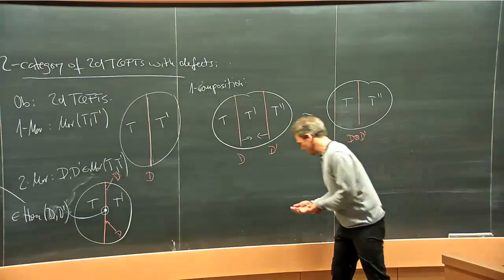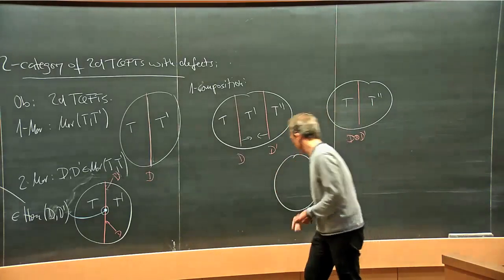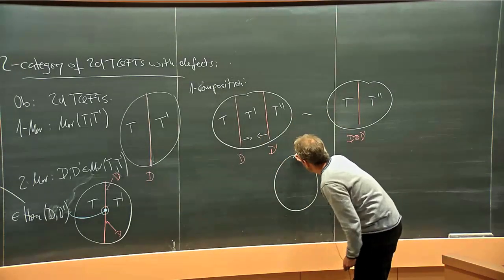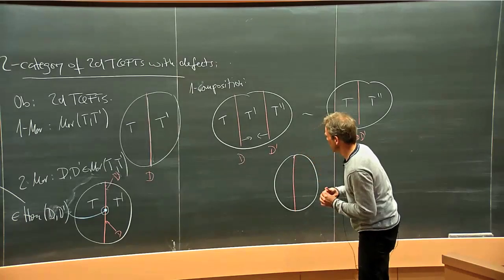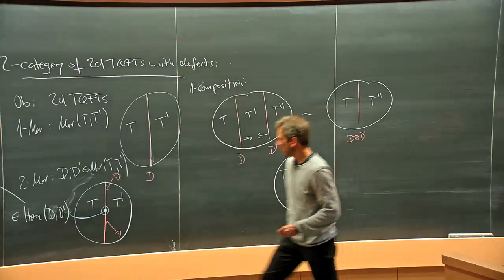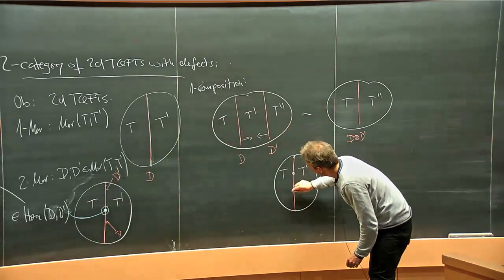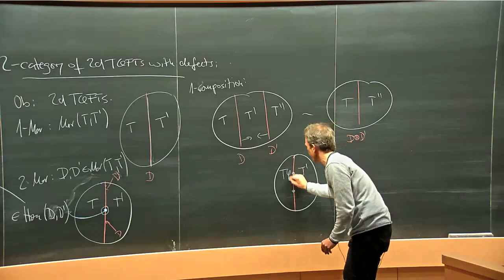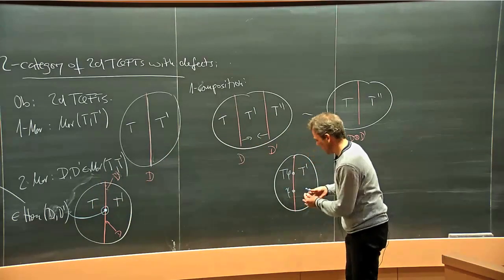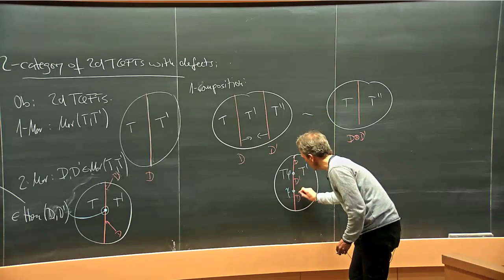So what about two composition? In two composition you have three different defects now between two TQFTs. So you have T here, T prime here, and you have two of these objects, so defects on defects, here and here. Let's call these phi and psi, and then you have D here, D prime, D double prime.